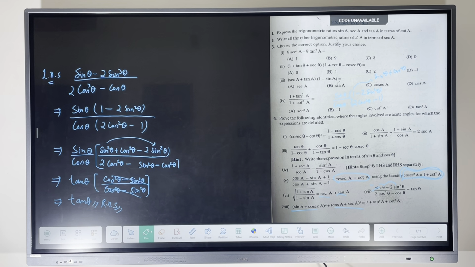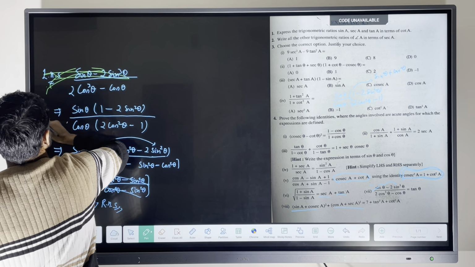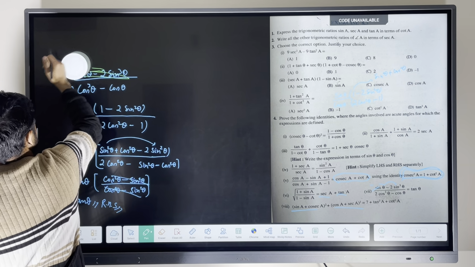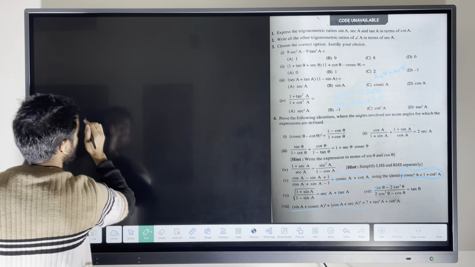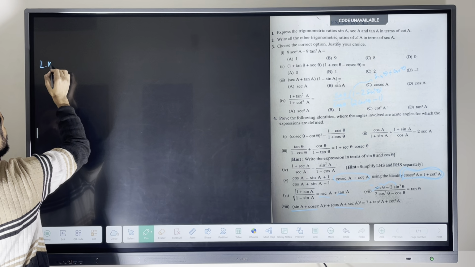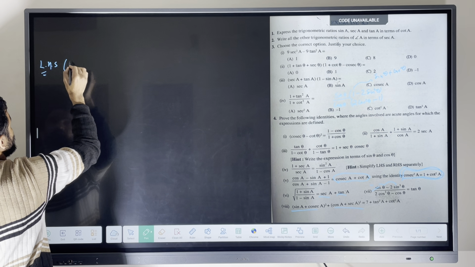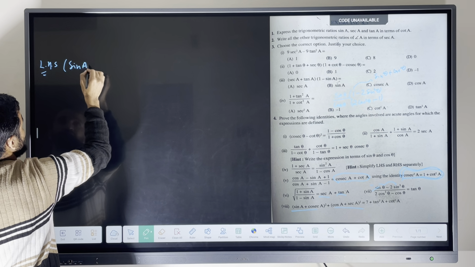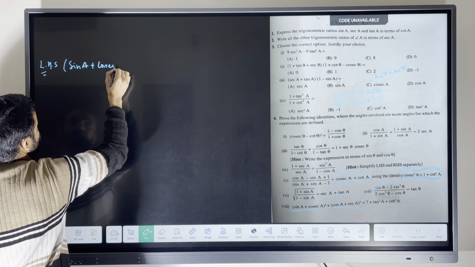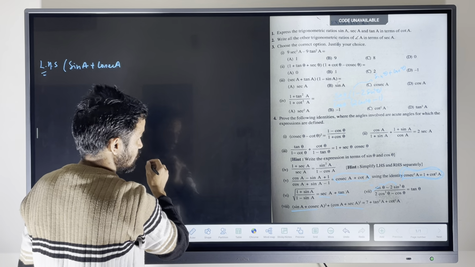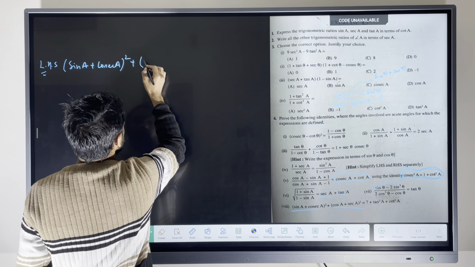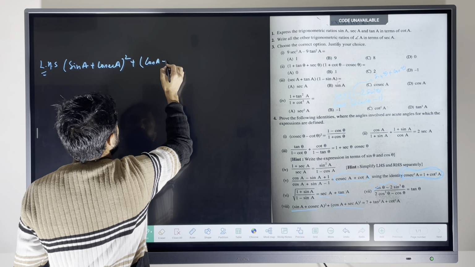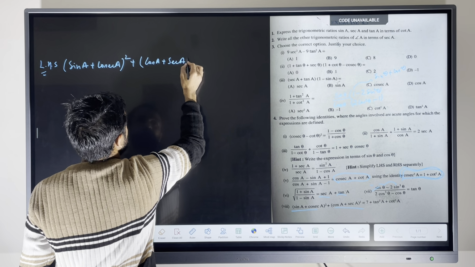Okay, let me solve this quickly. Now take the left hand side, because I am getting late here. Sin a plus cosec a whole square plus cos a plus sec a whole square.